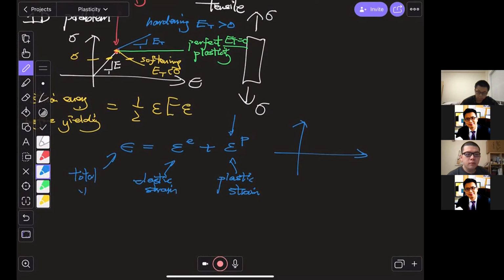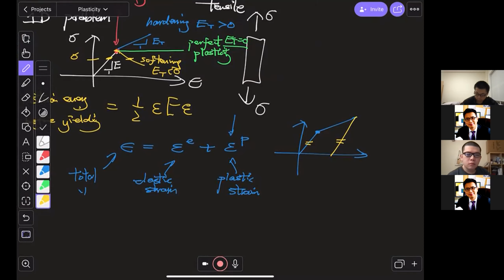Now, I assume that the hardening mechanism is linear, then I'll have this. If I know the material, like this curve, these two curves would be parallel to each other.